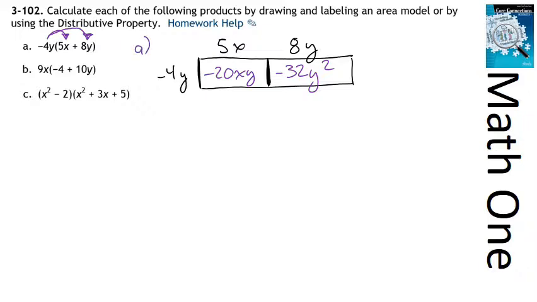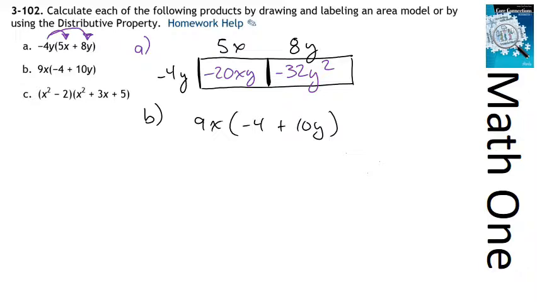Let's try B, rather, without the area model. Let's just try it with the distributive property. So I have 9x, and I'm going to multiply that by negative 4 plus 10y. And honestly, you probably need to decide when you don't need to draw the area models anymore, and you can just accurately and consistently use the distributive property.